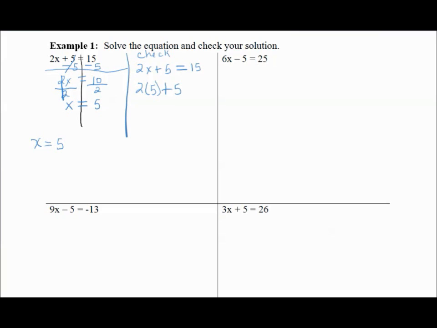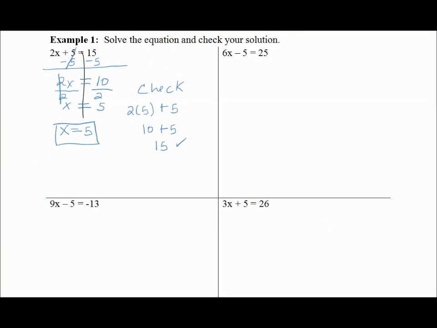So let's see. 2 times 5 is 10. Bring down my plus 5. And then 10 plus 5 is indeed 15. So this checks out. So that lets me know that I have the correct answer.